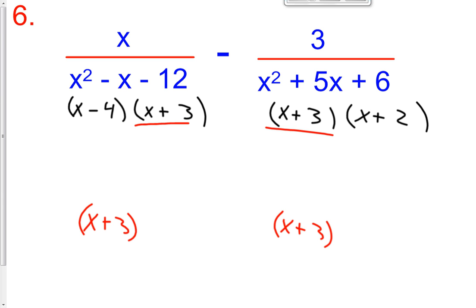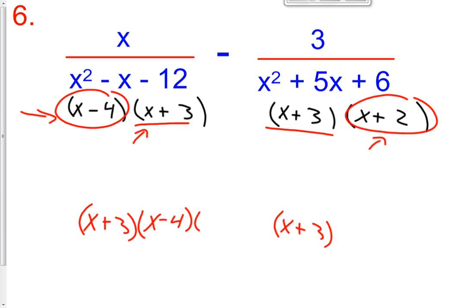And then the other two factors is x minus 4 and x plus 2. So your common denominator is this one, and this one, all multiplied by each other. X plus 3, x minus 4, and x plus 2. There's your common denominator. X plus 3, x minus 4, and x plus 2.